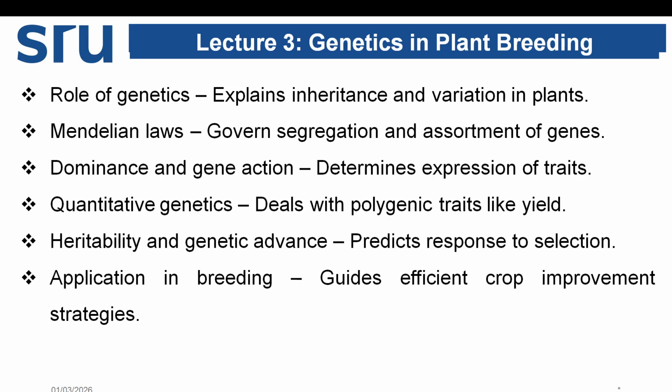And the last point in lecture 3 is application of genetics in plant breeding. Genetics will guide efficient crop improvement strategies depending on heritability and genetic advance. So that's why heritability and genetic advance, these two are the major parameters considered for crop improvement.